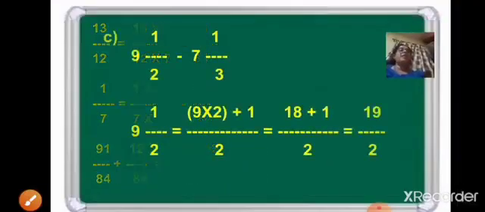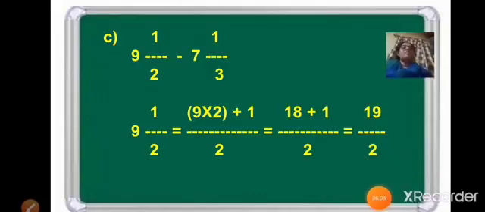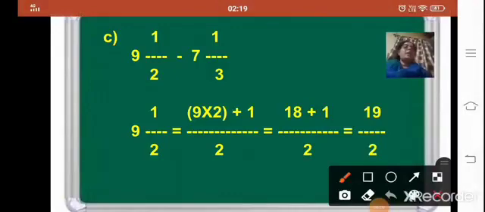Coming to the next one. 9 1 upon 2 minus 7 1 upon 3. Now here again it is a mixed number. So first make it into an improper fraction. Okay. So 9 into 2 plus 1 upon 2, that is 9 2s are 18 plus 1 upon 2.